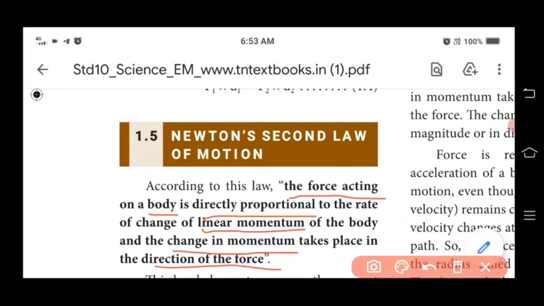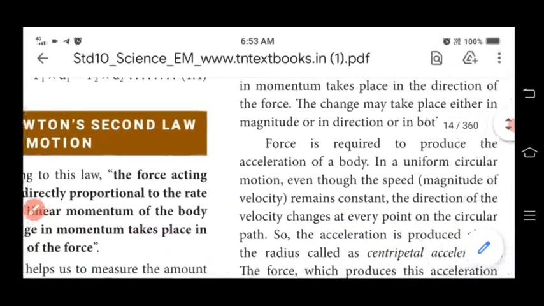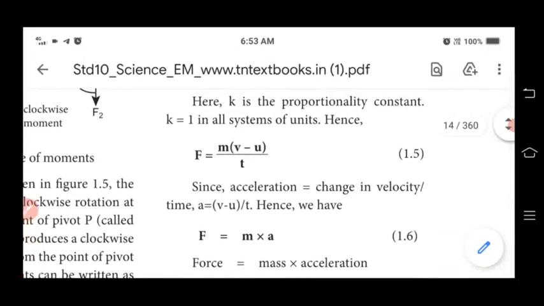So this is Newton's second law of motion, what we discussed in our earlier session. Now let us move to our next topic. So we calculate F equal to m into a. Force equal to mass into acceleration.